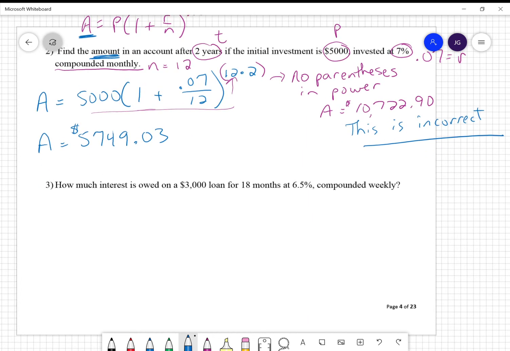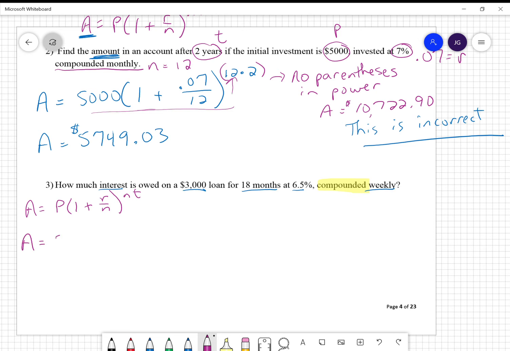Okay, next one. How much interest is owed on $3,000 loan for 18 months at 6.5% compounded weekly? Okay, so it has compounded. A equals P times 1 plus R over N to the NT power.